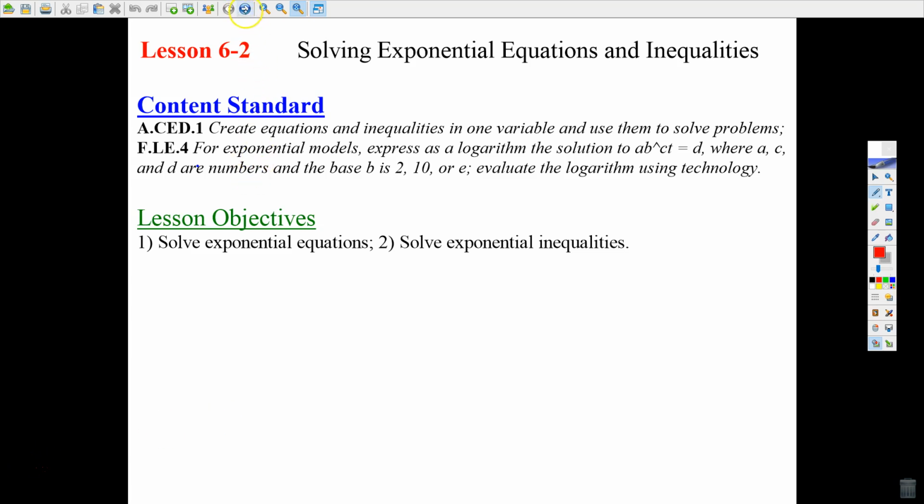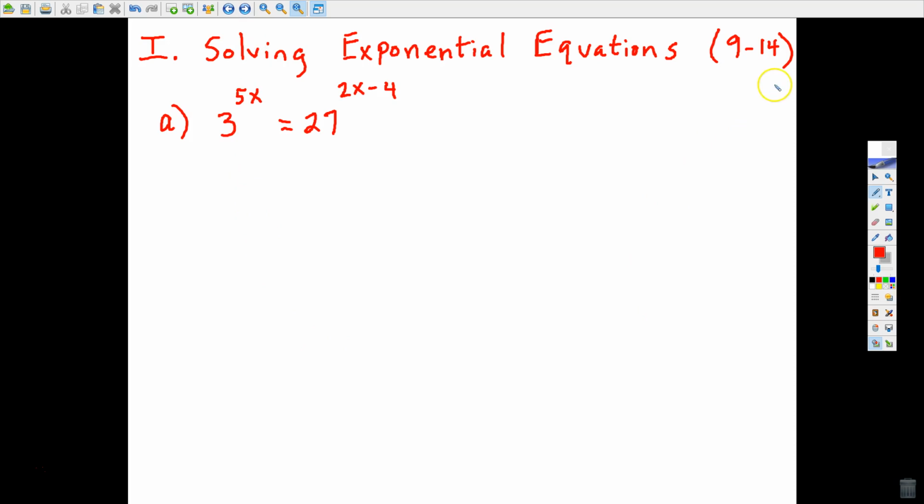Okay, so let's get right into some examples. In these problems that I've marked for you, problems 9 through 14, the instructions are to solve these exponential equations. And this is going to involve a technique that's really going to come in handy for you in future, maybe college algebra classes where calculators are not allowed.